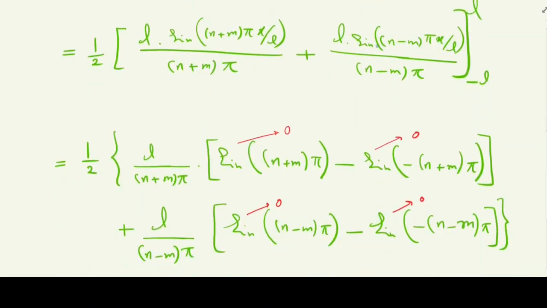If you substitute L and minus L in the first term, the constant L over n plus m pi is kept outside. Substituting L, you get sine of n plus m times pi, because L cancels out. Then you subtract what you get by substituting minus L, which is sine of n plus m pi multiplied by minus 1.